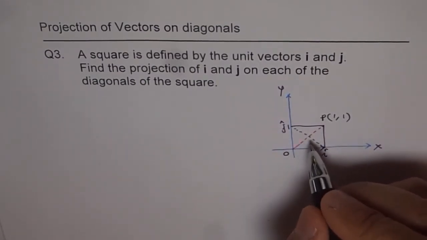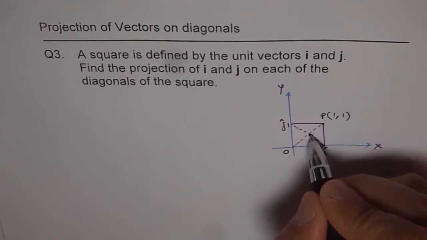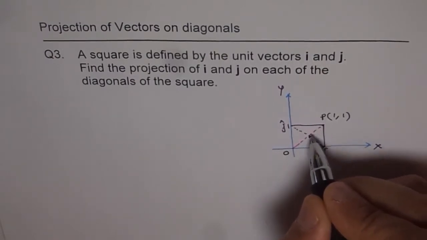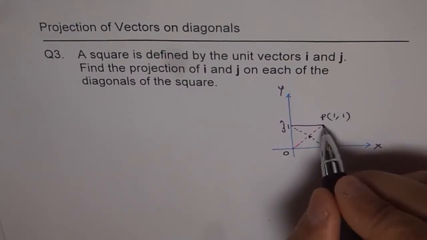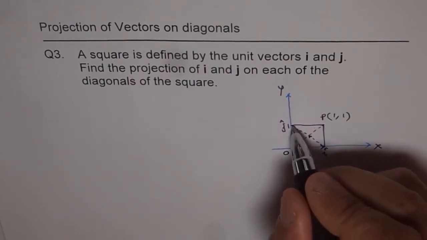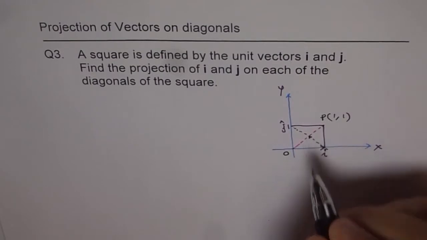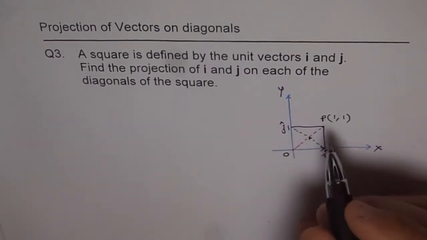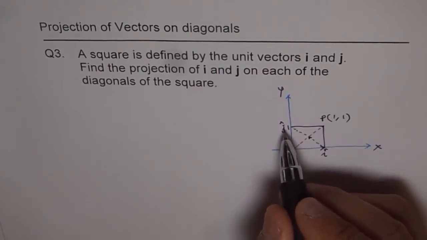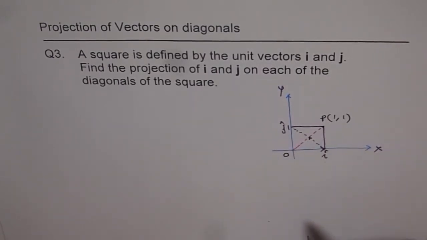In general, when we say projection, then this is my projection from i to this particular diagonal, correct? Now the projection of i on this diagonal, what is that? They are in the same direction, correct? So is it same or different? This is what you need to figure out. And similarly, you can do for projection from j, correct?